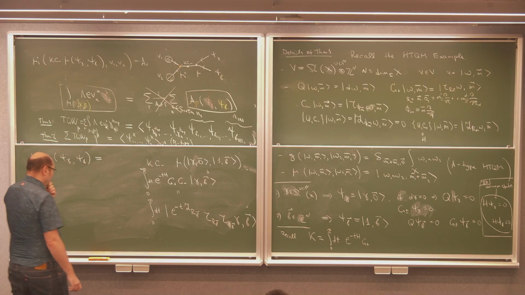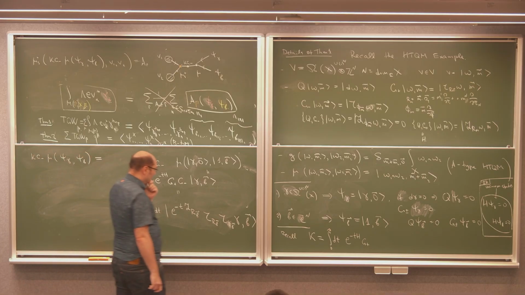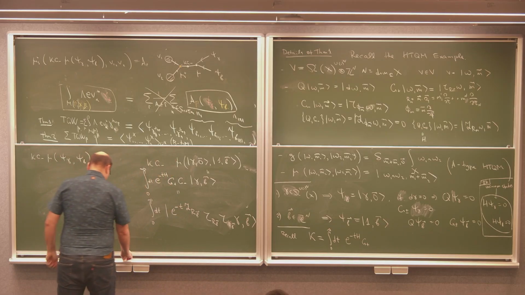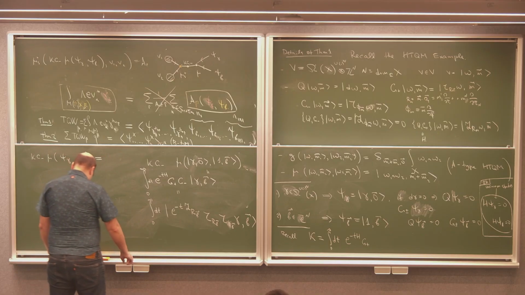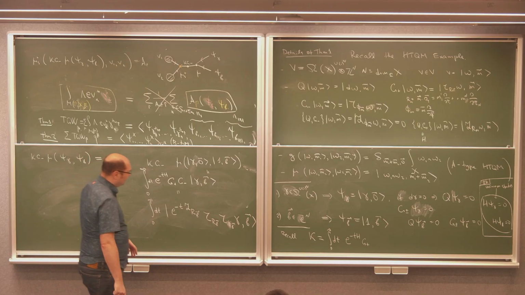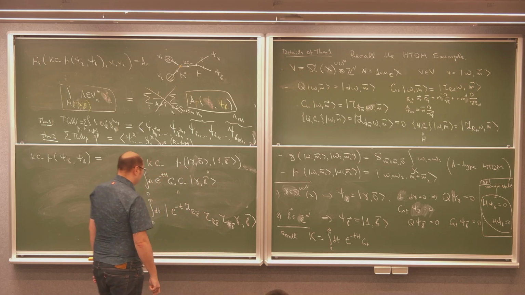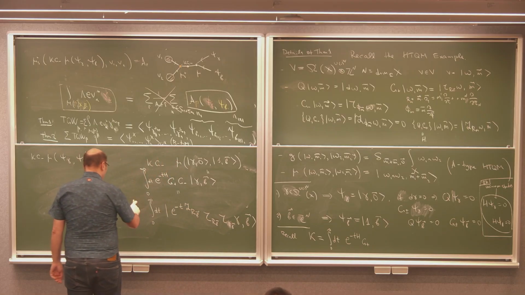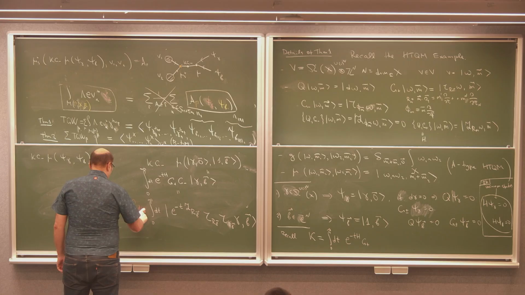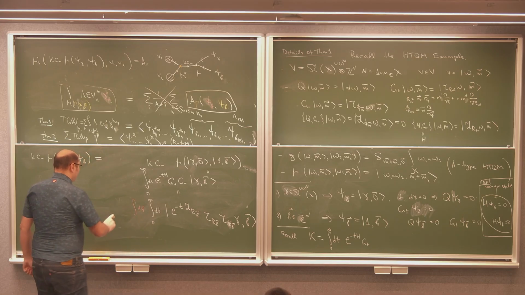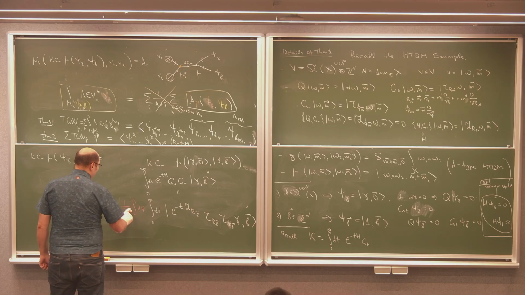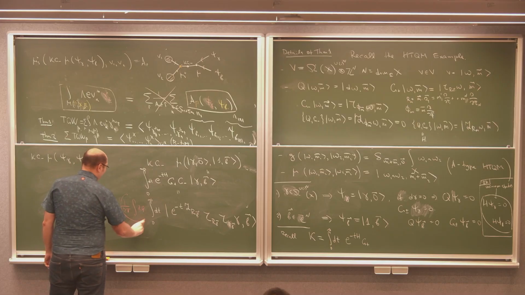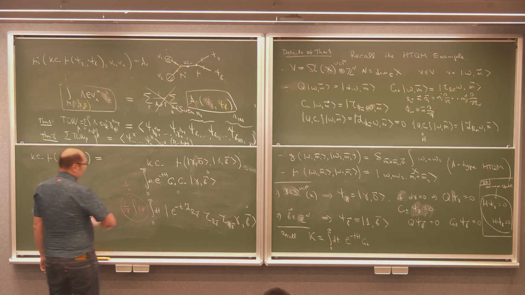Now let us do the following trick. All these phi's are angular variables. So let me add a trivial integral over this little curvy phi variable, which is just equal to 1.